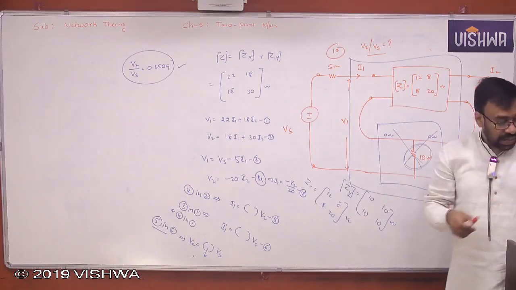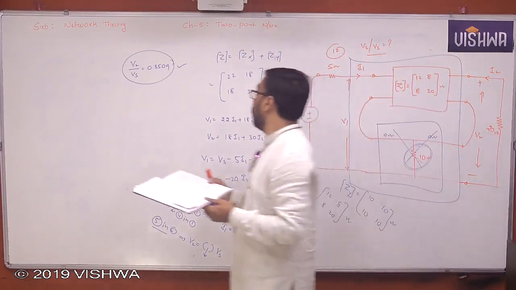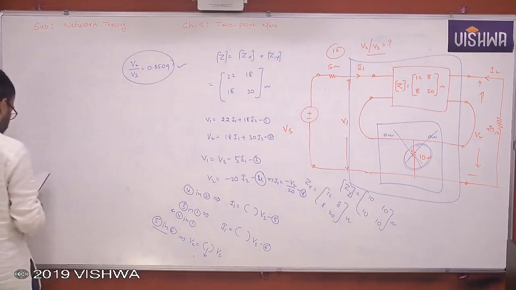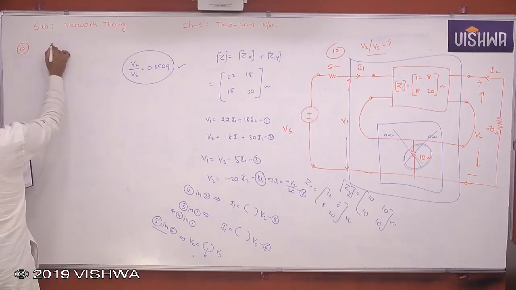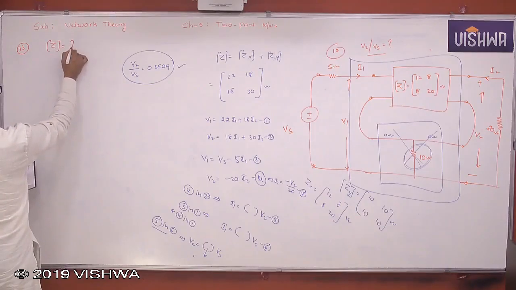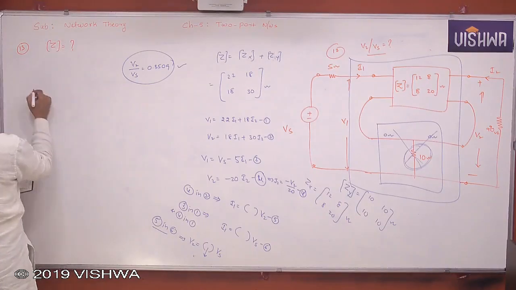I just give meanwhile another problem, 13th one. Okay. Find Z parameters. You please quickly complete that.